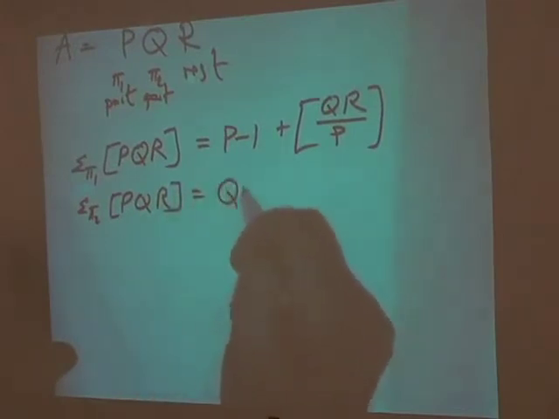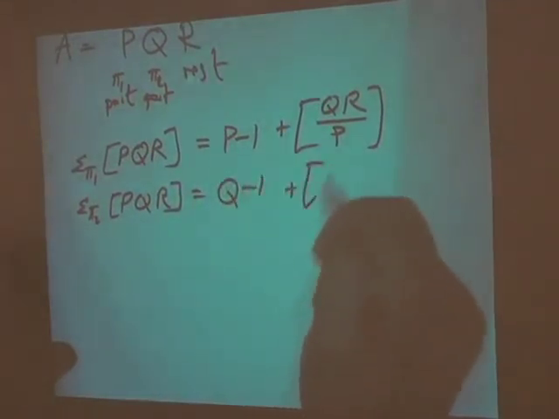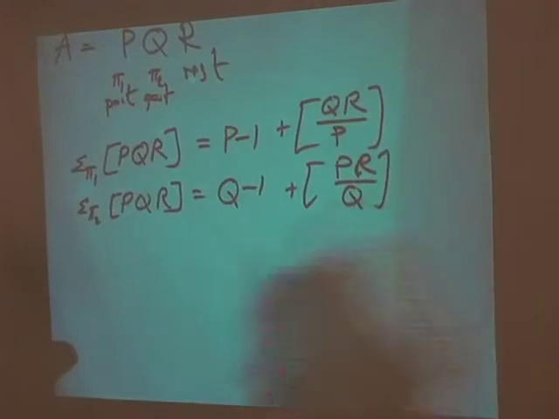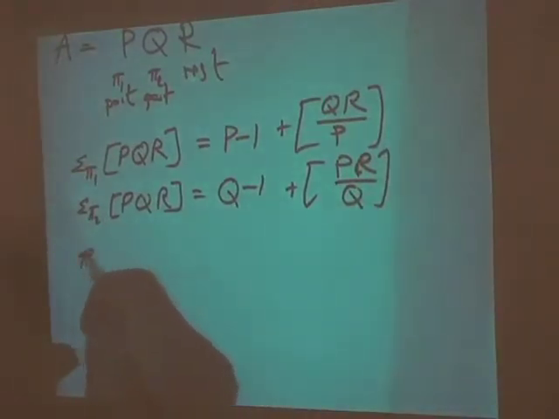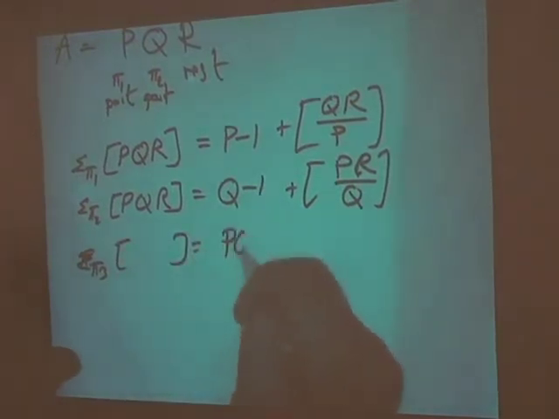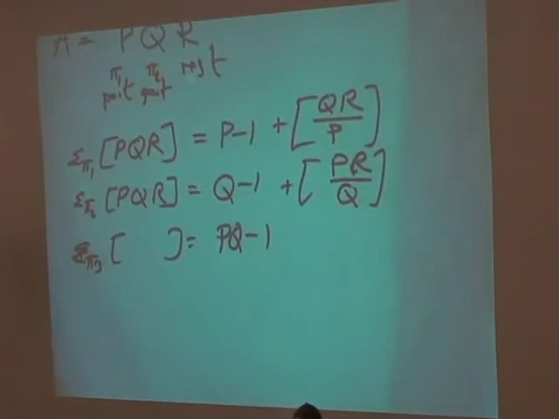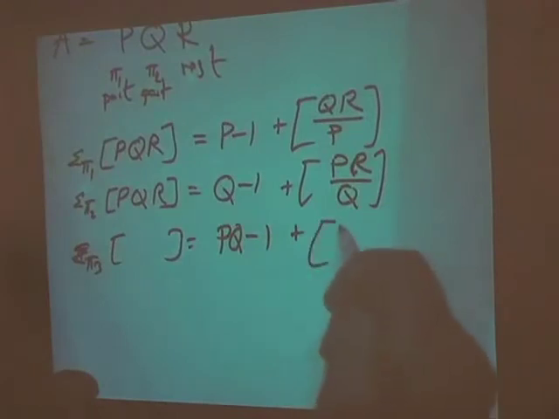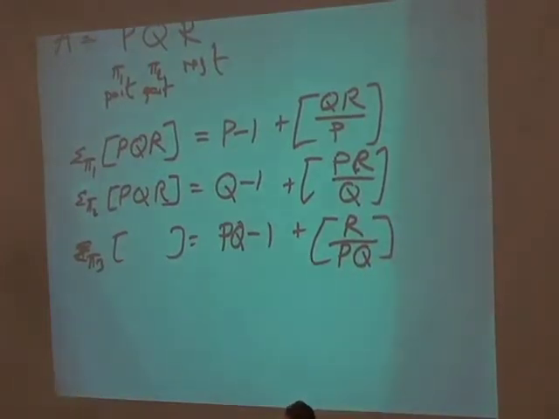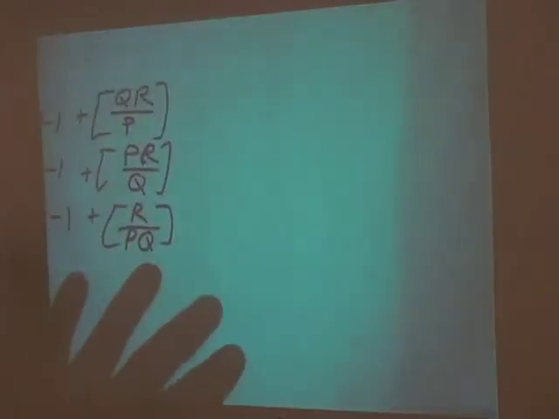What's epsilon pi 2 of PQR? Well, this is Q minus 1 plus PR over Q. And what's epsilon pi 3? Well, this is PQ minus 1, that's the pi 3 part, plus the pi 3 prime part. Well, I want to carry on like this.